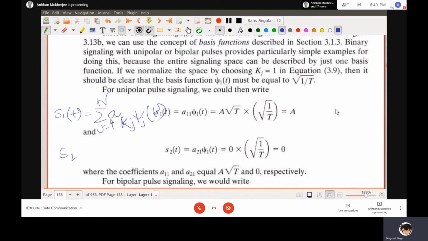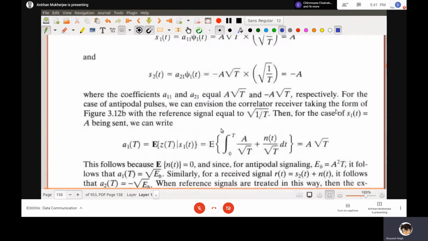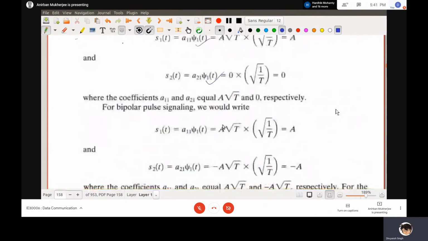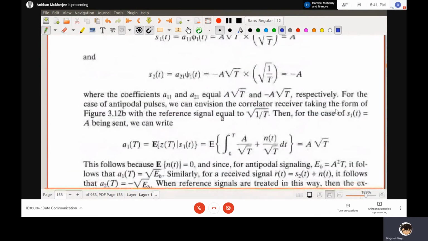The same operation you can do in terms of the basis functions psi1(t) and psi2(t), and from there also you will come to the same conclusion.